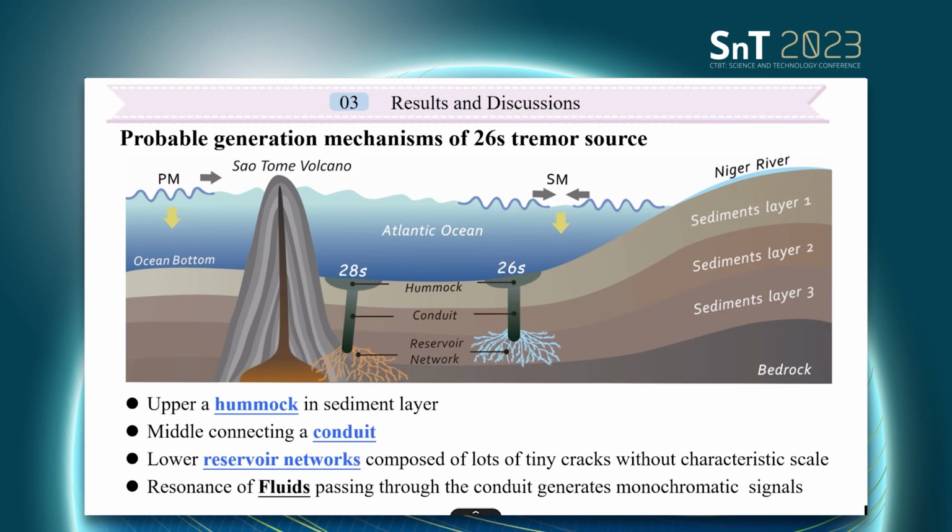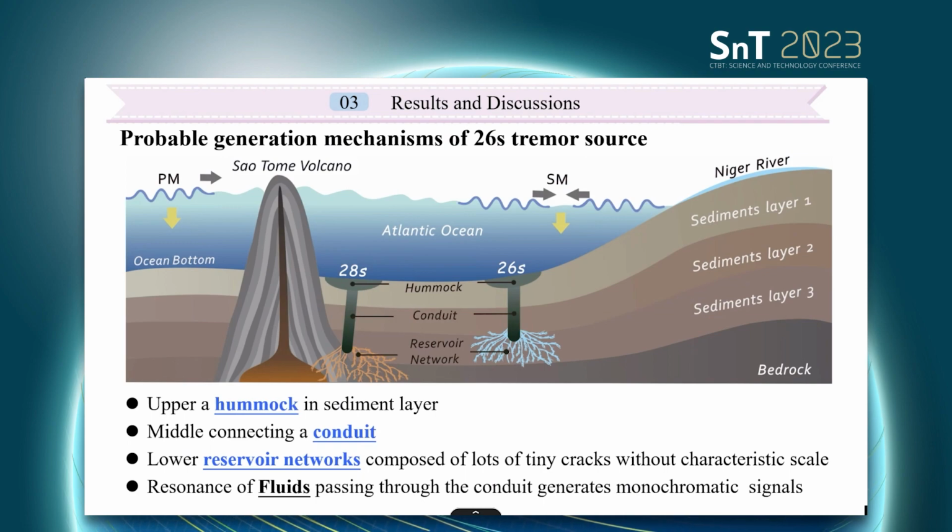So combining the previous studies and our analysis, we propose the 26-second tremor source consists of a hummock in the sediment layer, in the middle a connecting conduit, and the lower reservoir networks composed of lots of tiny cracks without characteristic scale.